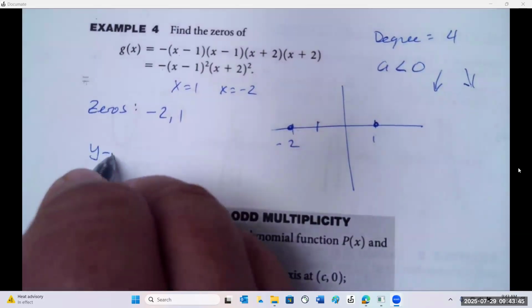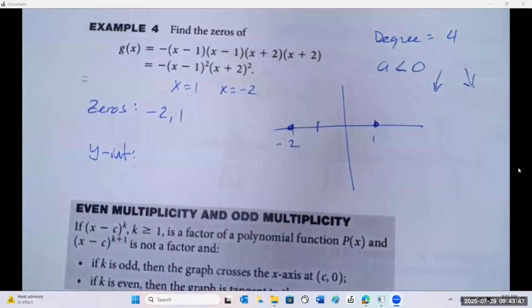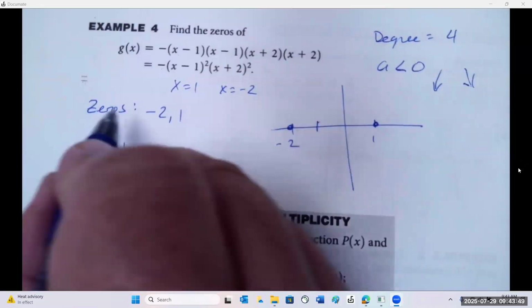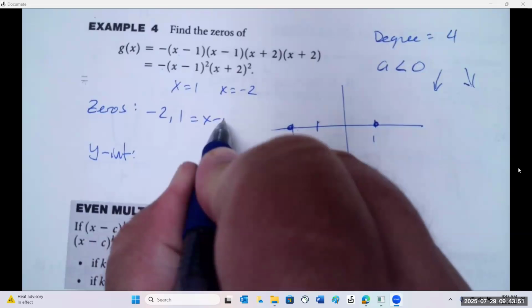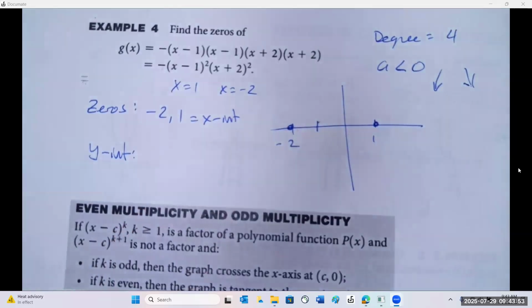The zeros are also my x-intercepts, so I'm done with those. What's my y-intercept?